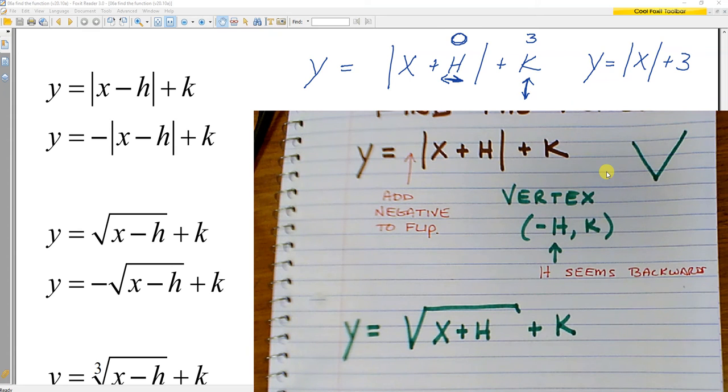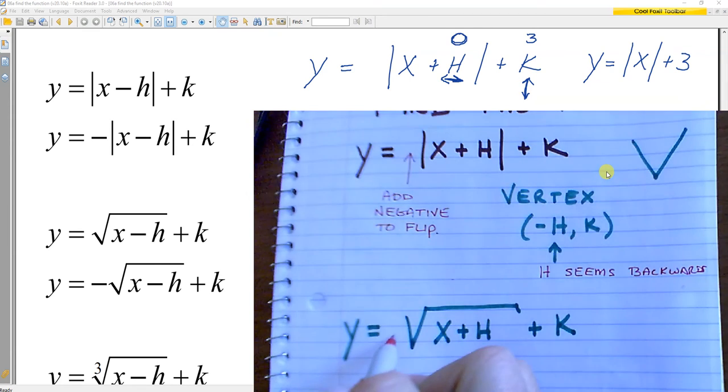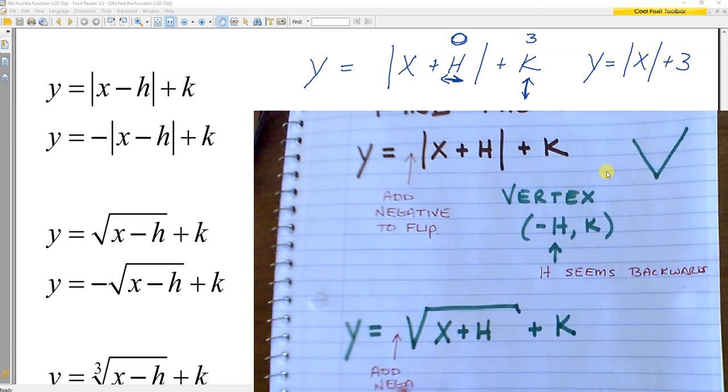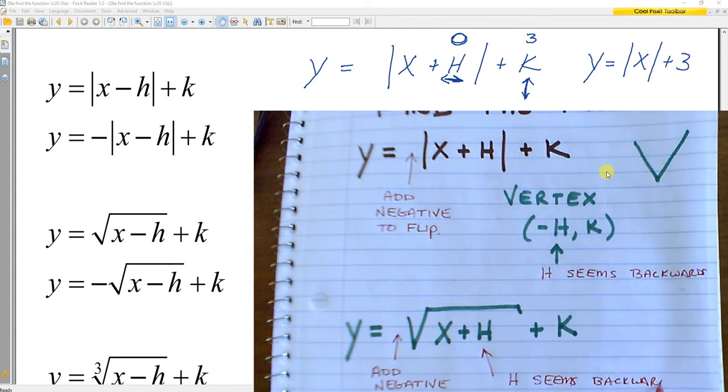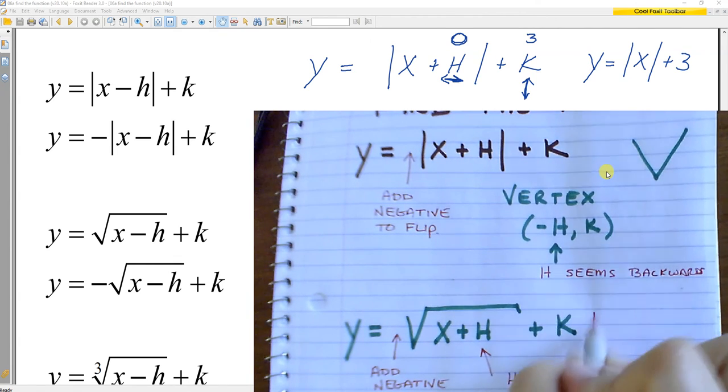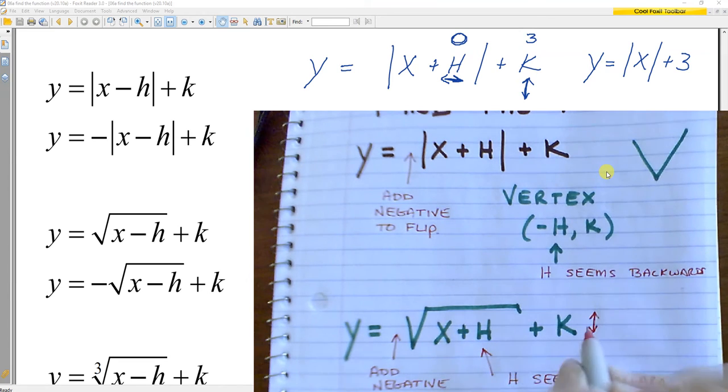I would add a negative if you want to flip it. And remember, the h seems backwards. What does that h do? That's your left, right. What is your k? That's your up, down.